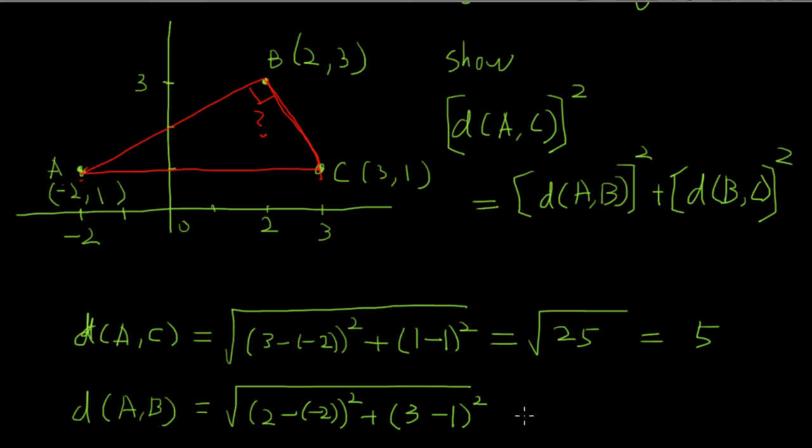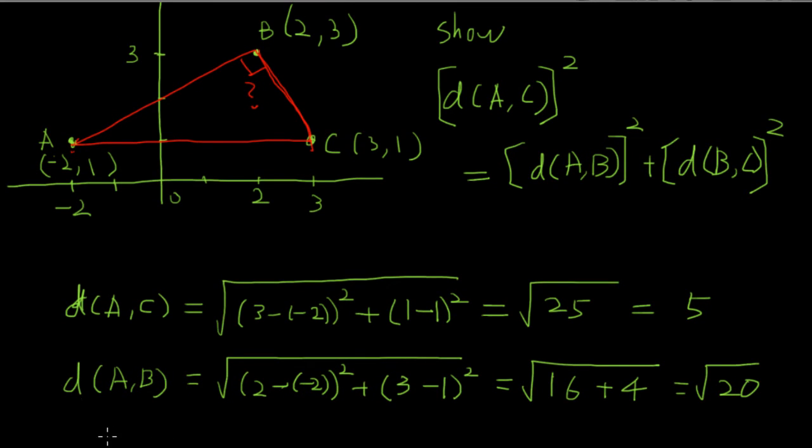So what would this be? This would be the square root of 2 plus 2, which is 4 squared, 16, plus 2 squared, 4. So this would be the square root of 20.